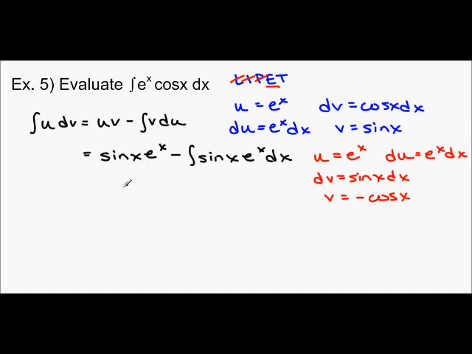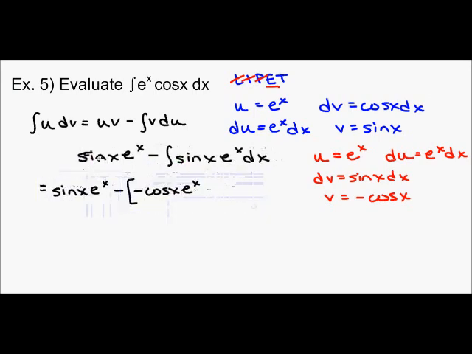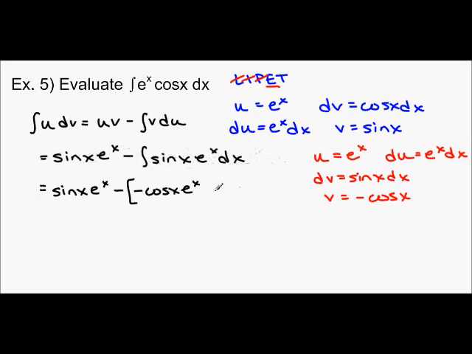Okay, so let's plug in what we have now. This front part stays the same. I'm going to say minus parentheses negative cosine x e to the x minus the integral of negative cosine x, what's my du, e to the x dx.